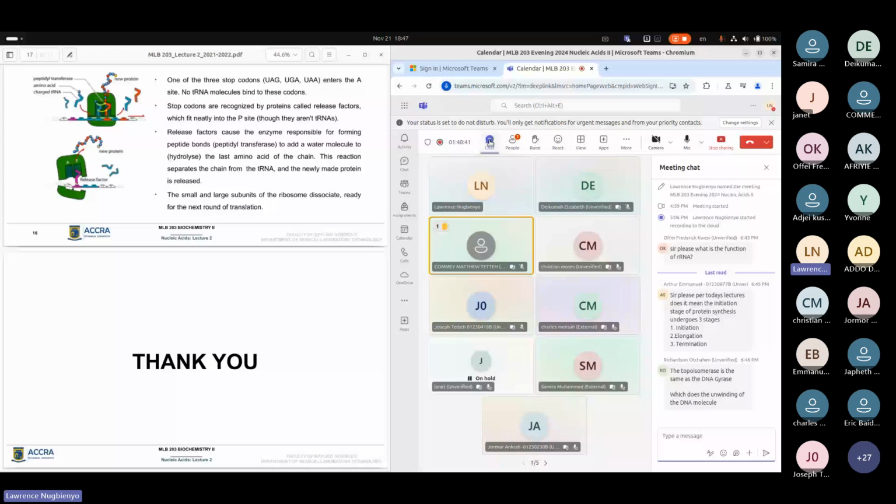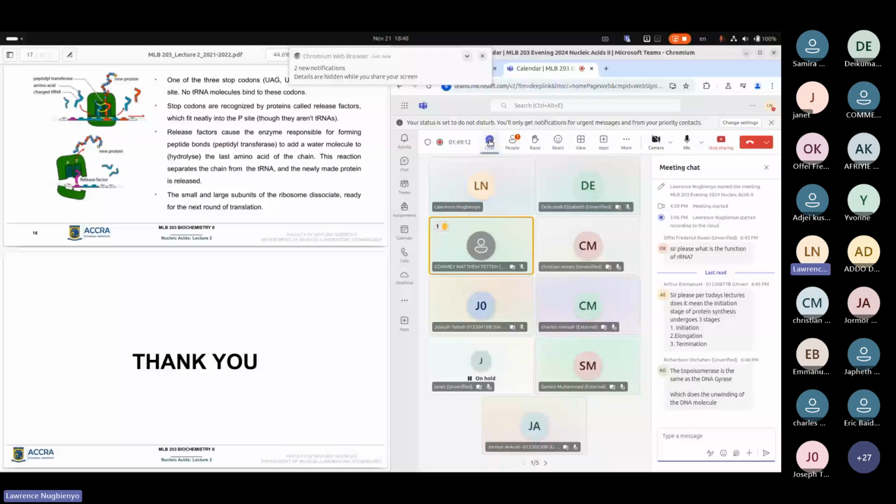Yes, any other? Okay, somebody has written, Richardson. He is saying the topoisomerase is the same as the DNA gyrase, which does the unwinding. Oh, okay, fine. All right, thanks for that.